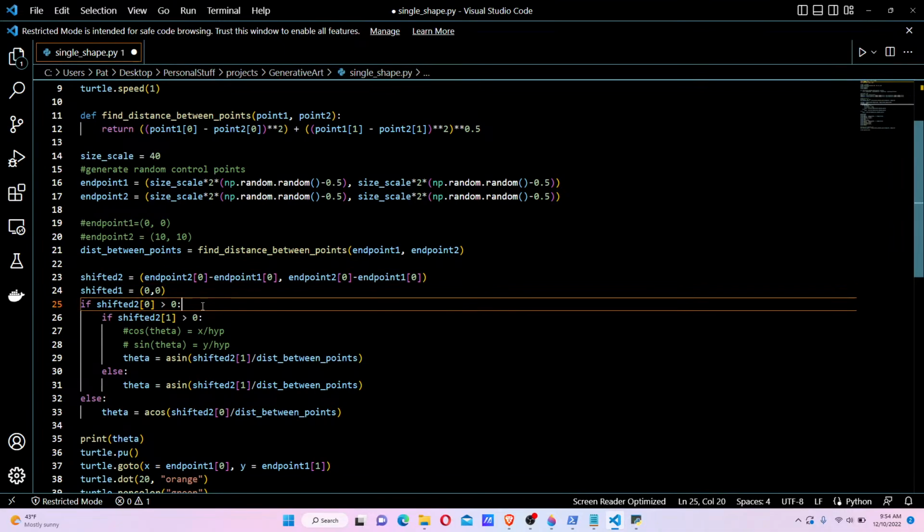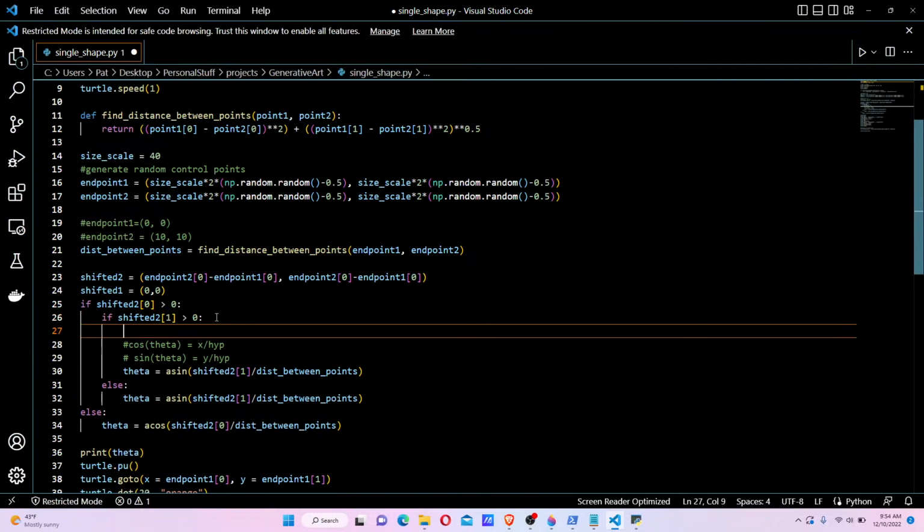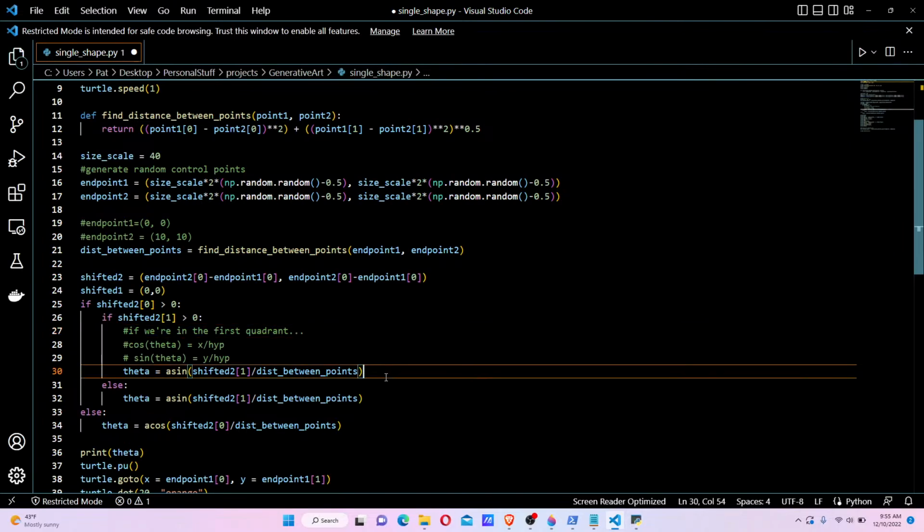So if the shifted x value is greater than 0 and y is greater than 0, so if we're in the first quadrant, cos theta is x over hypotenuse, sine theta is y over hypotenuse. Okay, so then you get theta.